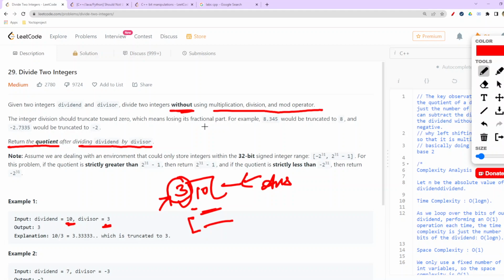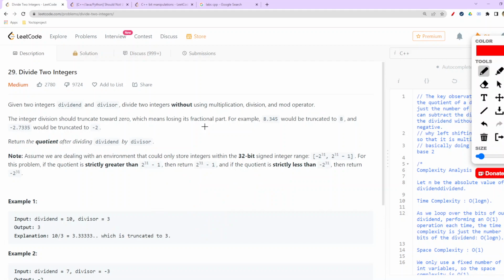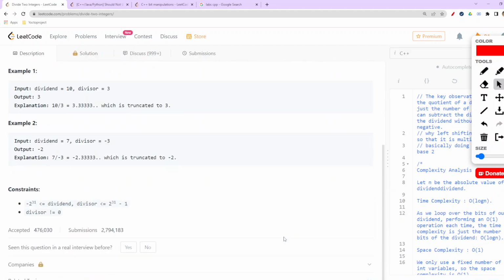Okay. So before moving ahead, let us check the constraints of this question so that we could know better about it. As I mentioned, they said it is an integer, so it will take negatives also, and both dividend and divisor could be negative and both could be positive also, or either of them could be negative and the other positive. The divisor is not equal to 0.